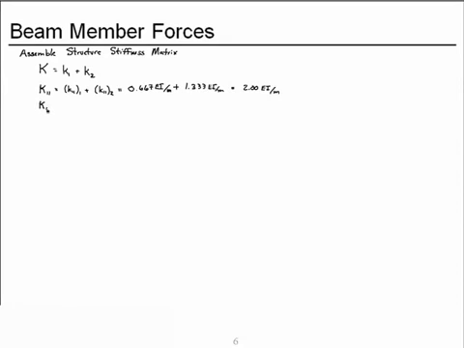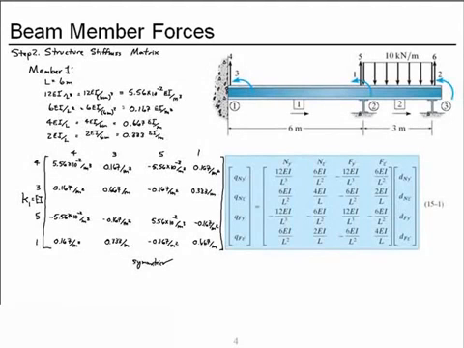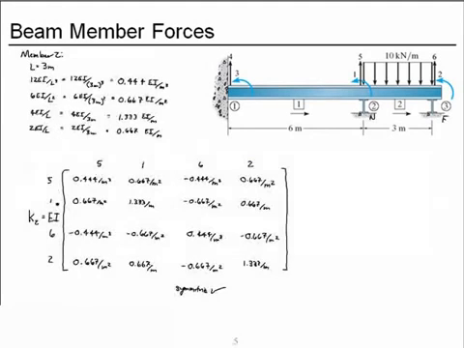Now coefficient 1,5, that is force generated at degree of freedom 1 due to deformation at degree of freedom 5. And we'll obtain that by adding the coefficients from each of the two member stiffness matrices. From member 1, row 1, column 5 gives us this coefficient, and from member 2, row 1, column 5 gives us this coefficient.